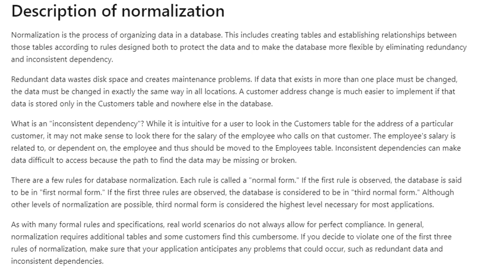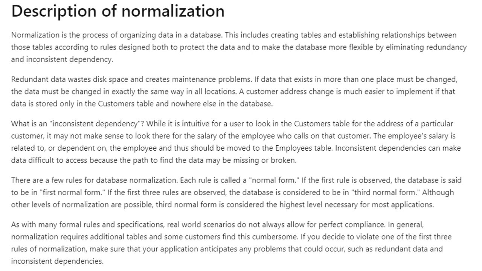The employee's salary is related to or dependent on the employee, and should be moved to the employee's table. Inconsistent dependency can make data difficult to find, difficult to access because the path to find that data may be missing or broken.